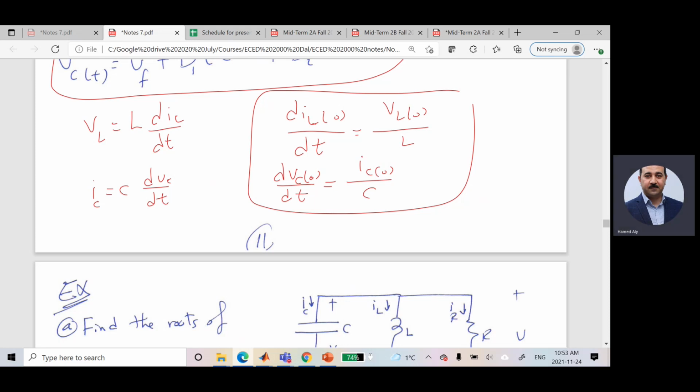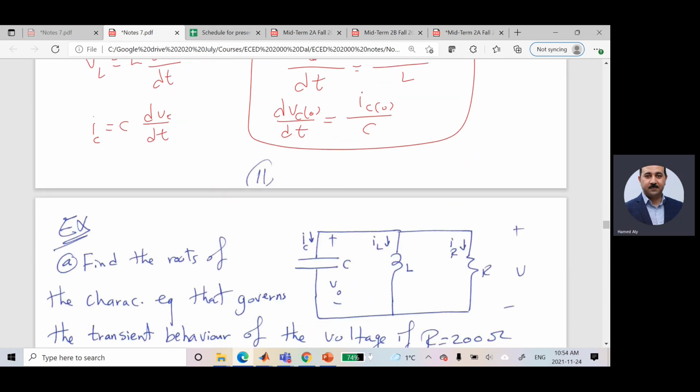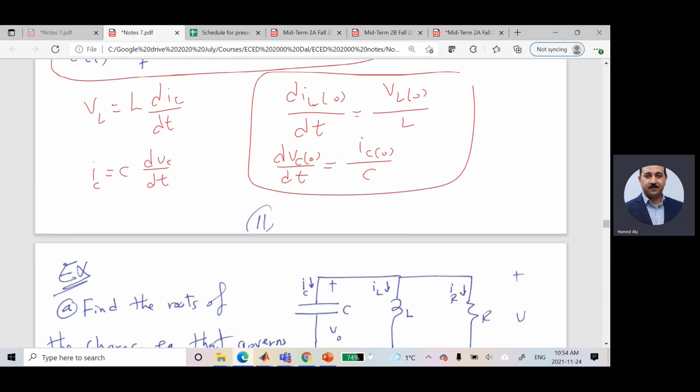Are you seeing what I'm talking about, guys? Let us see a problem. These are the steps that I'm using for solving any problem related to that. But before I start solving the problem, I have to be sure that I have only one L, only one C, and only one R. What about if I have different L and different C and different R?